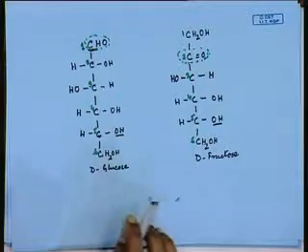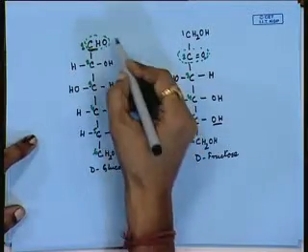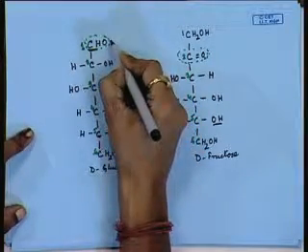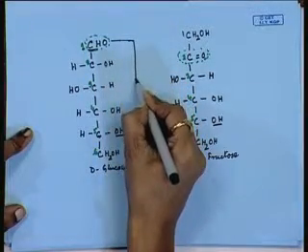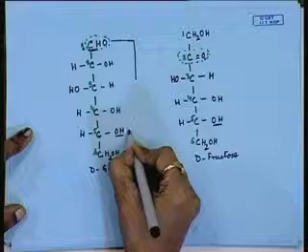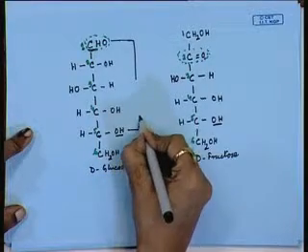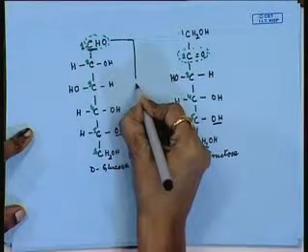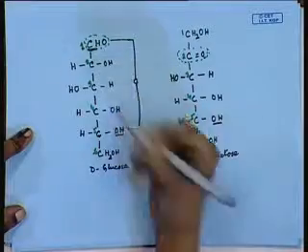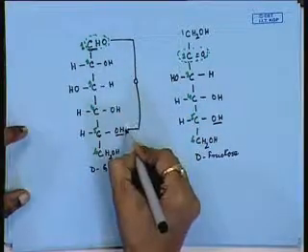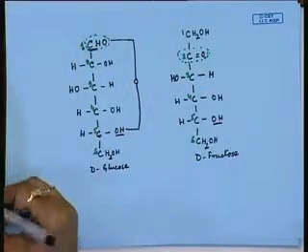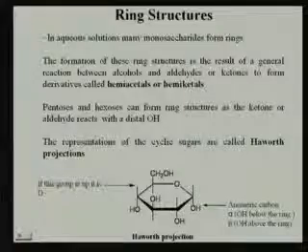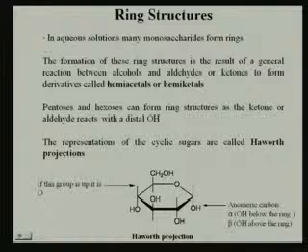Now, there is a tendency of the first carbon and the fifth carbon to form a ring-like structure. They come very close to each other.